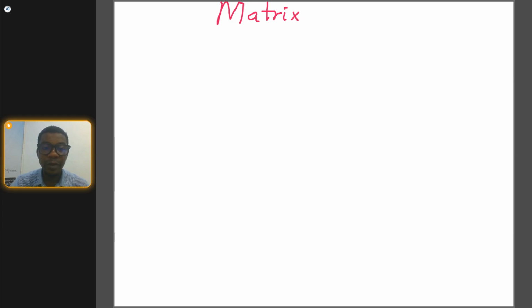That's the singular form, and in plural form, it is matrices. Matrices and determinants. That's the topic. Let's take the definition of a matrix.